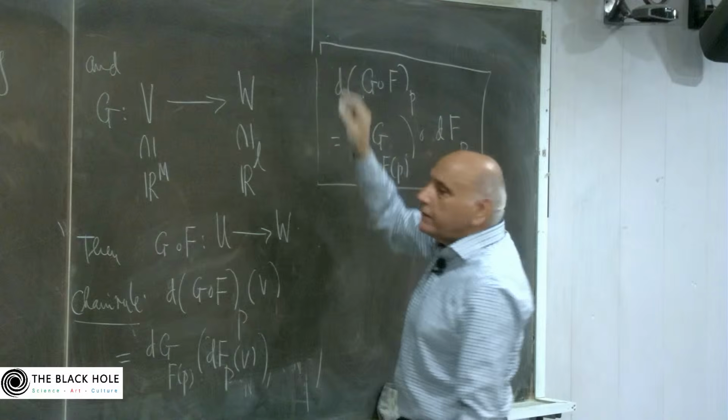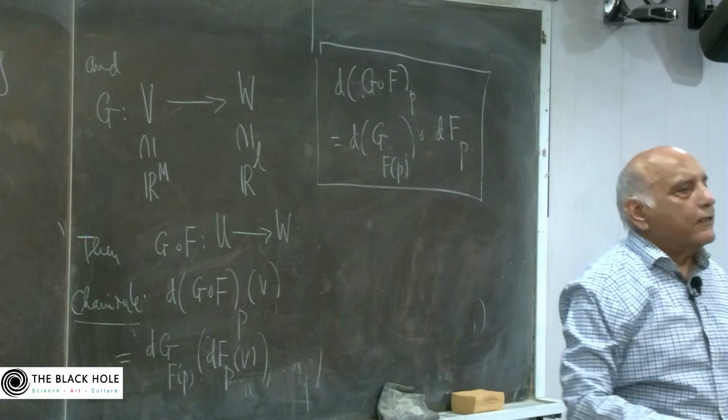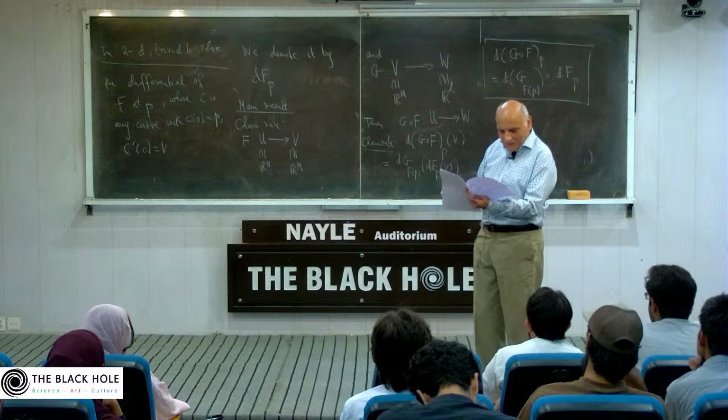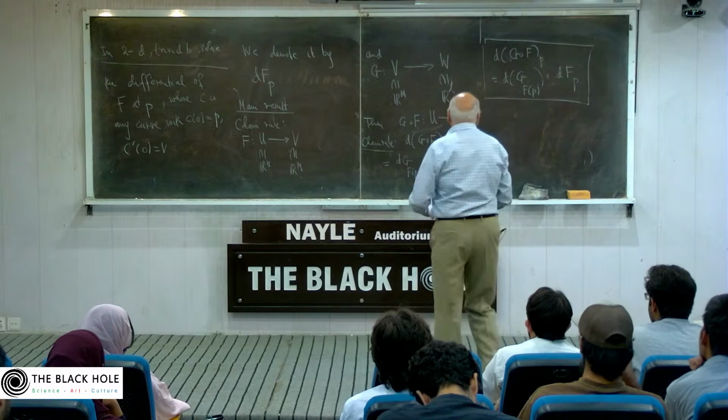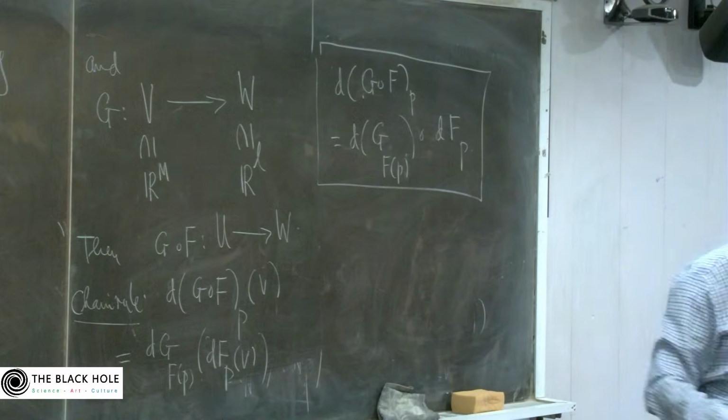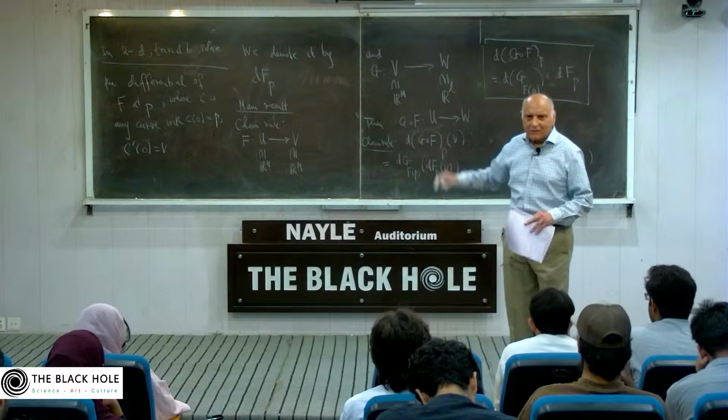I'm not going to prove it. I think you will understand many things if you do it yourself. Don't go to Jacobians. Use the definition, how you compute the differential by taking a curve, right? And if you do it, this will come out very easily. Okay. So surprisingly, this is the key to many things, to almost all properties of vector fields.